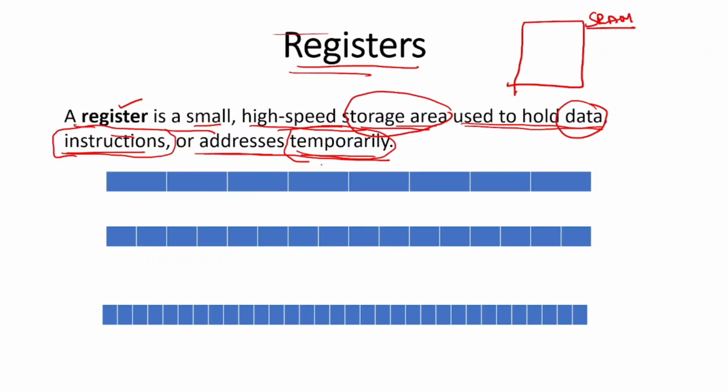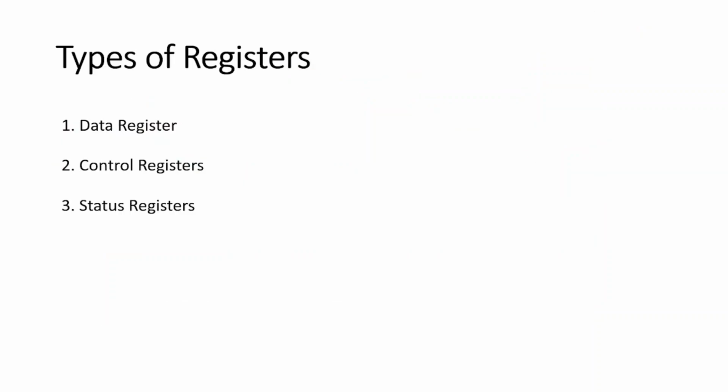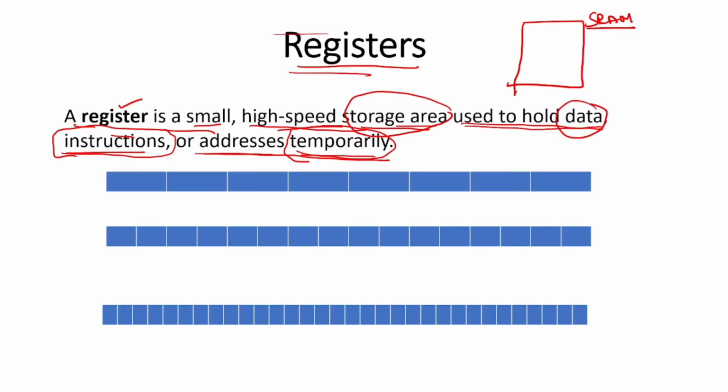Now, there are mainly three types of registers that I will explain here: data register, control register and status register. Before that, let me explain the size of registers.